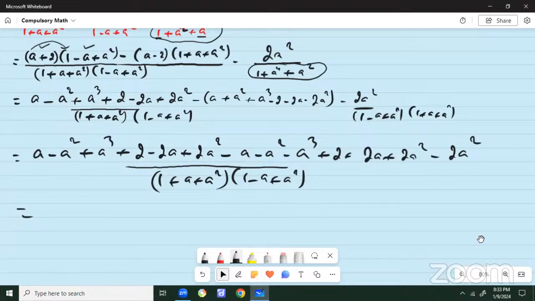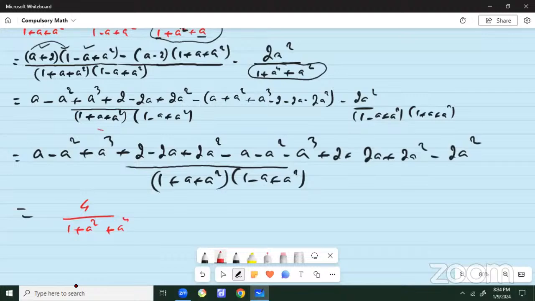Did you simplify? What did you get? Girls and boys, what did you get after simplifying? 4 over 1 plus a square plus a to the power 4.